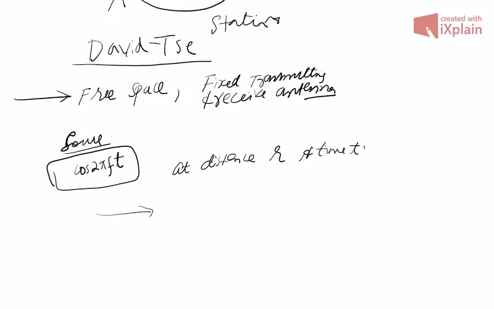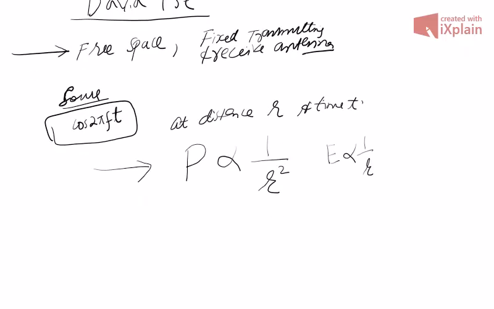Here's one fact. First of all, in free space the power decreases as 1 over r squared. Hence the electric field, if you know the relationship between power and electric field, will decrease as 1 by r, right? Electric field is related to voltage and power is proportional to voltage squared. So hence electric field has to decrease as 1 by r.